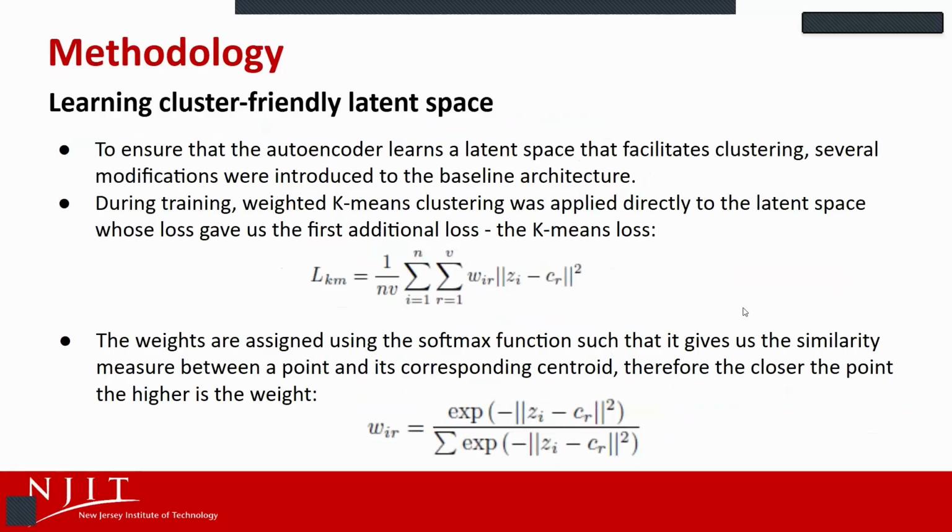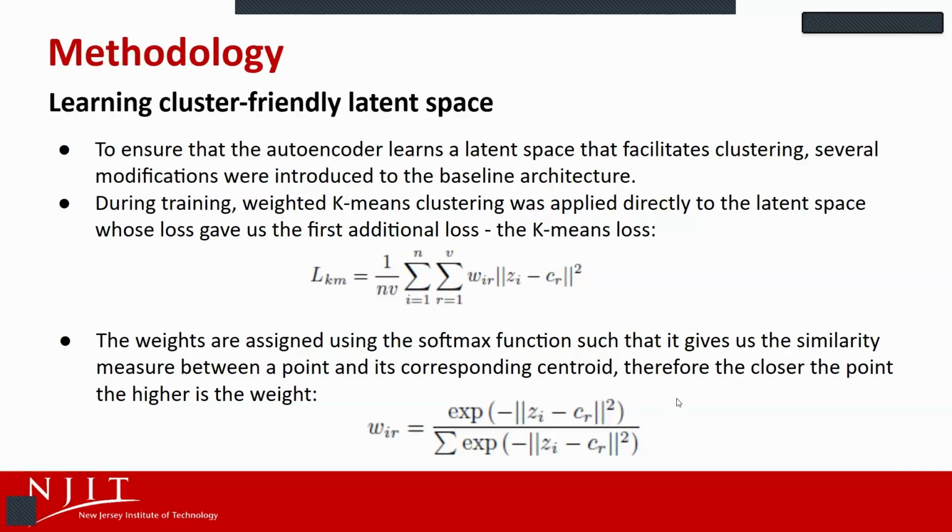Now coming to learning cluster-friendly latent spaces. To ensure that the autoencoder learns a latent space that facilitates clustering, several modifications were introduced to the baseline architecture. During model training, weighted k-means clustering was directly applied to the latent space, whose loss gave us the first additional loss, the k-means loss, as seen here.